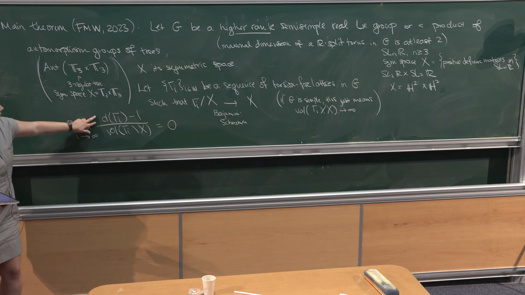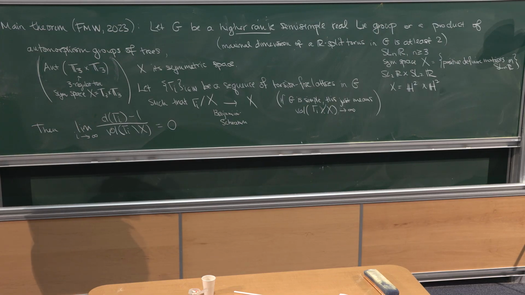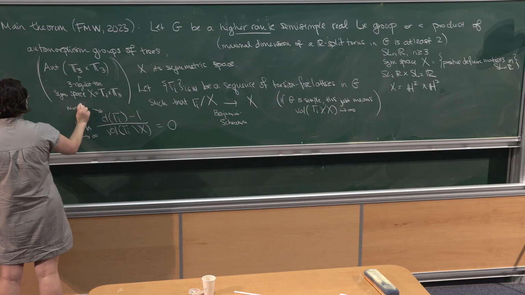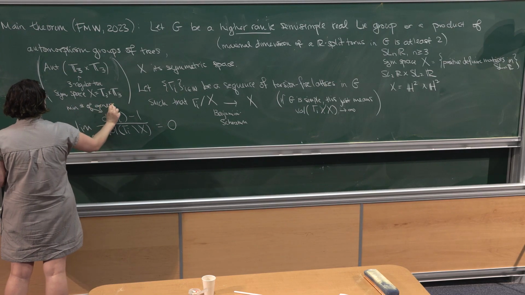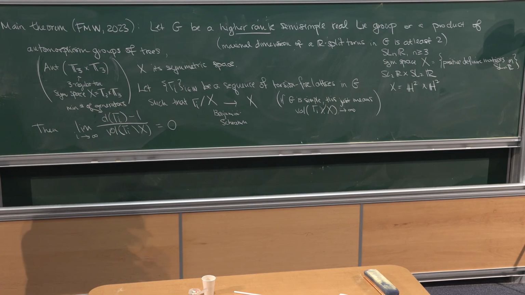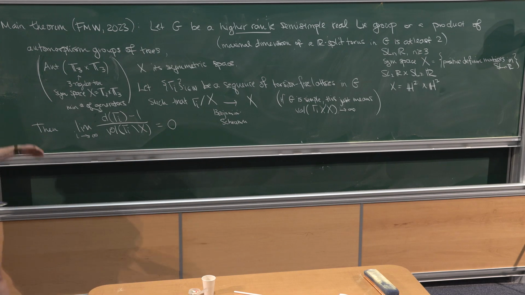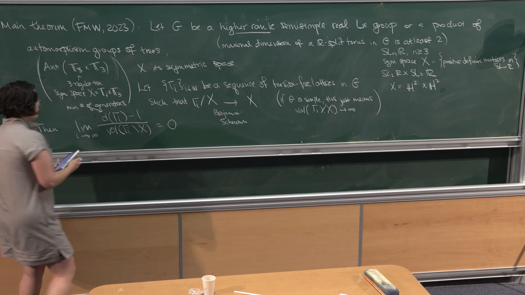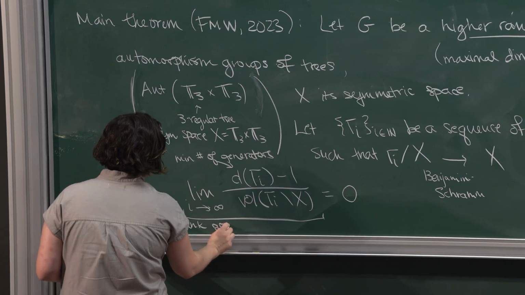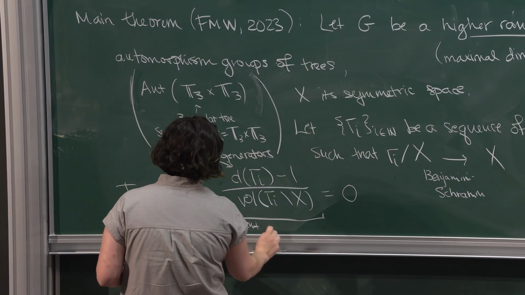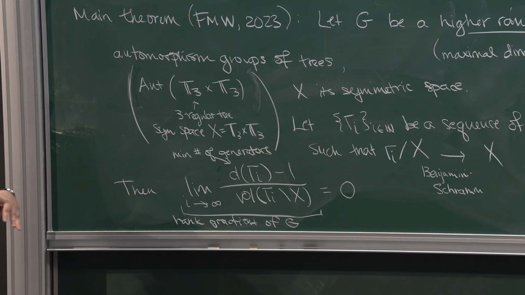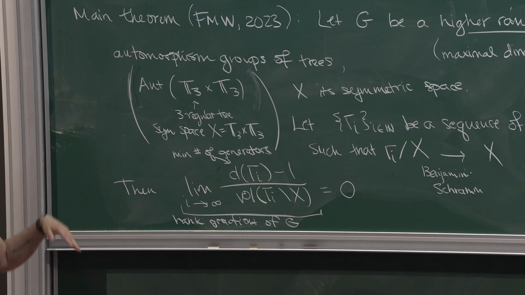In the numerator, we have d of gamma_i, the minimal number of generators of gamma_i as a group. In the denominator, we're looking at the volume of the manifold X mod gamma_i. Our result is that this limit goes to 0. This limit is called the rank gradient, and because it's equal to 0, we say that G has vanishing rank gradient.